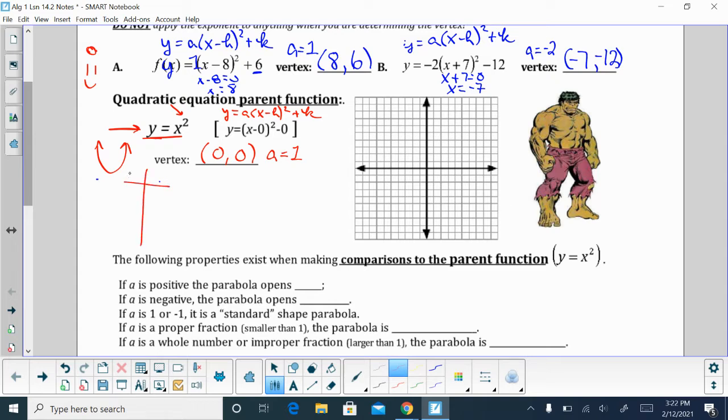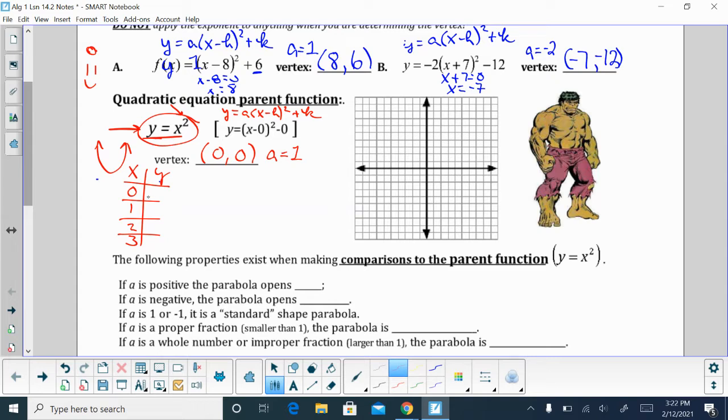I like using a table of values just to keep my math skills a little sharper than usual. So if I pick some points to see the behavior of my graph, I'm going to pick a bunch of x values, plug them into my function, and find the corresponding y values.